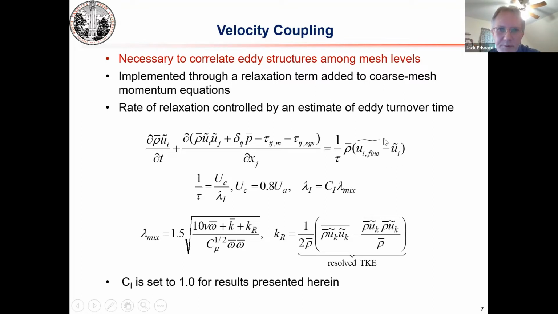We do this by putting in a source term. We have a time scale that you have to model. We chose to use this as an estimate of the local eddy turnover time based on an integral scale measure. Some of the details are here, and I'm not going to go too much into that. But basically, we're constraining the coarse mesh solutions to follow the fine grid velocity field in some sense.